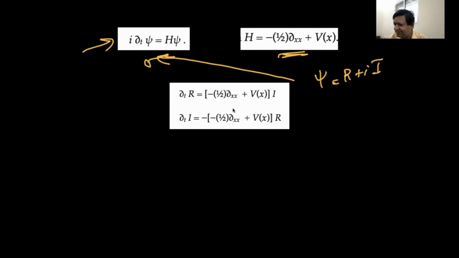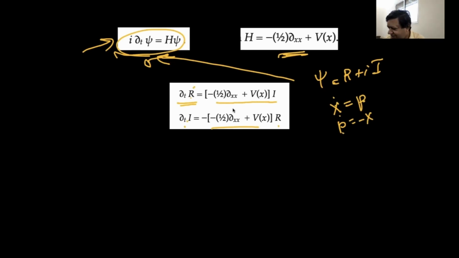We take the real and imaginary parts of the equation, and then we get partial t of R is this times I, so R depends only on I, and partial t of I is a function of R. It is somewhat reminiscent of x dot is p and p dot is minus x, where the derivative of x is a function of momentum, and the derivative of momentum is a function of x.